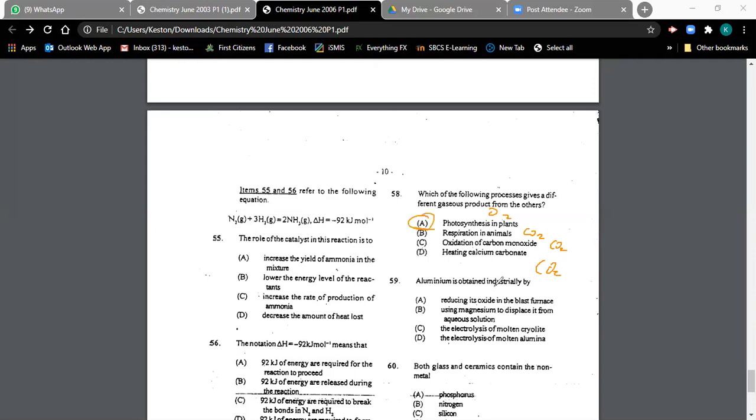59. Aluminum is obtained industrially by? You know it's electrolysis of what? C. Molten cryolite. Yep.